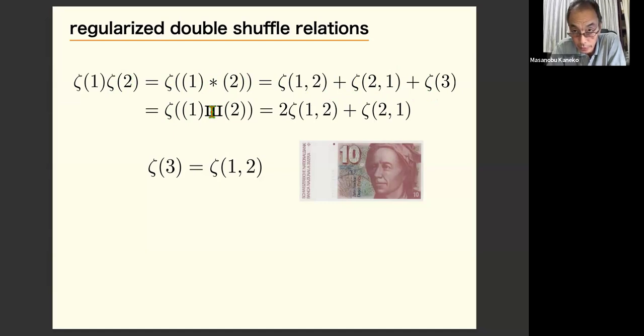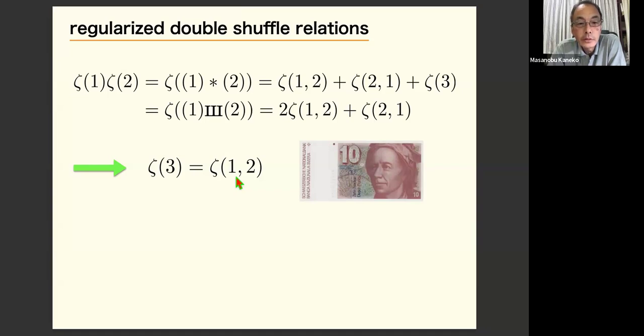The integral corresponding to zeta 1 is from 0 to 1 of dt over 1 minus t. This is a divergent integral. But let's apply the same shuffle rule. Then this is equal to twice zeta 1, 2 plus zeta 2, 1. This term is divergent. But if we equate these, then the divergent term cancels, and we obtain Euler's zeta 3 equals zeta 1, 2.